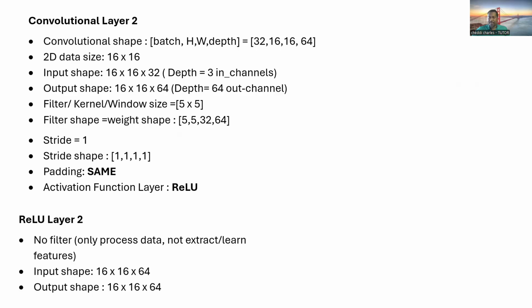So that's why the output channels will be 64. Same filter, 5 by 5, and the strides are kept the same as the previous one. It went through the activation layer. And from there, we have no filters, so no extraction, just processing and doing the calculations. We have the input shape there, 16 by 16 by 64.